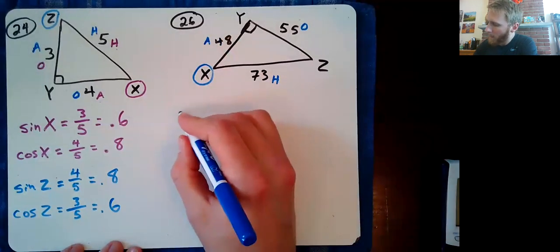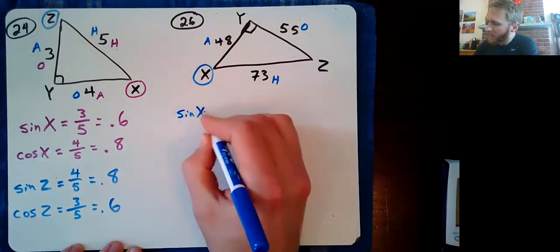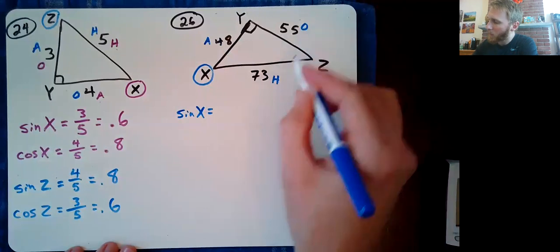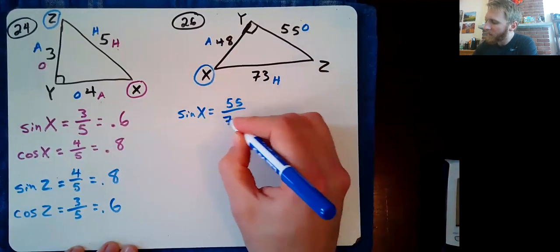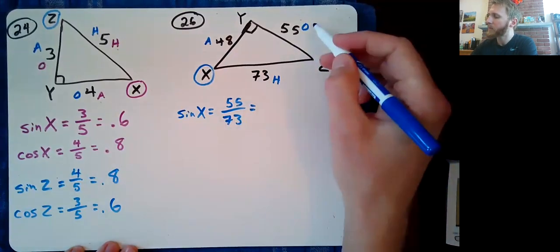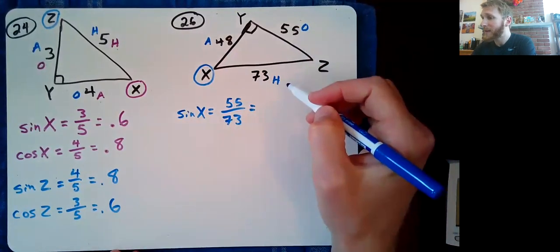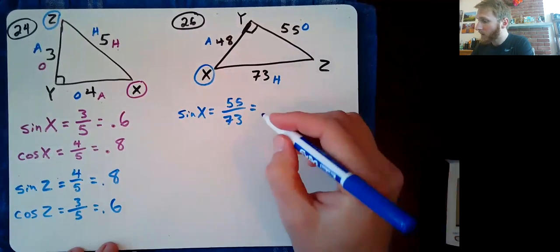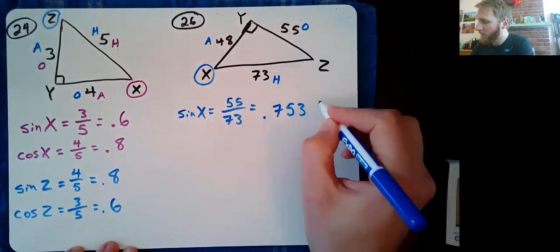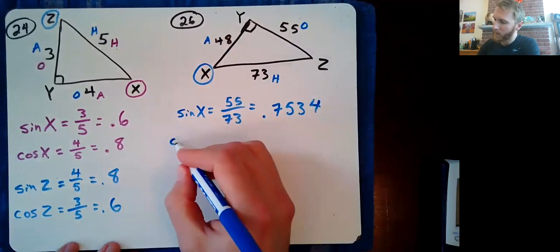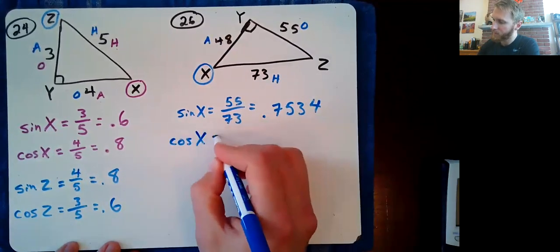Let's set them all up. Sine of x is opposite over hypotenuse, which in this case looks like 55/73, which if I type that into my calculator would get me 0.7534. And let's do cosine of x.